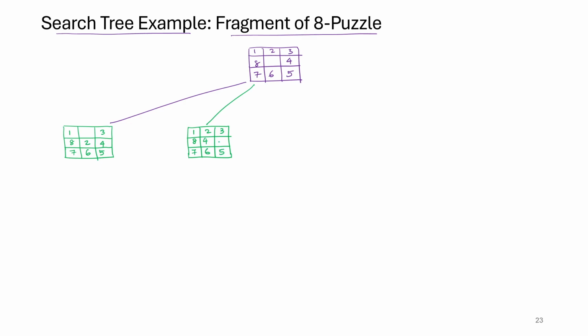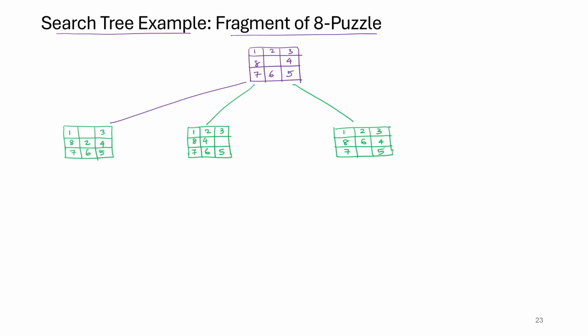So, in this case the 4 has moved close to the 8. Then the third one is, the 6 can move upwards: 1, 2, 3, 8, 6, 4, 7, 5.